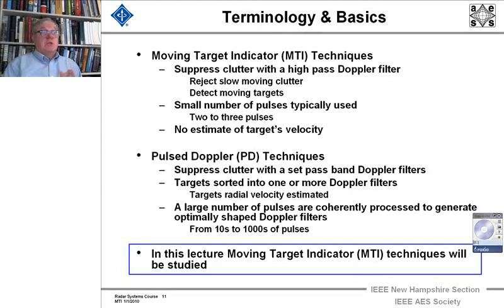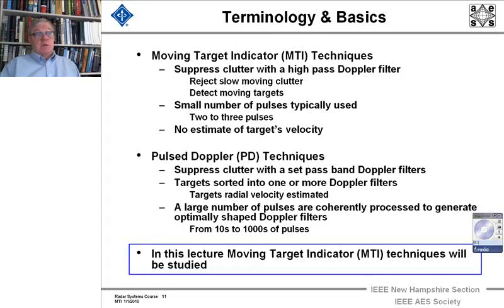They reject slow-moving clutter, and they detect moving targets. Typically, 2 or 3 or 4 pulses, mostly 3 pulses these days, are used in this type of processing. And with this type of processing, it being a high-pass filter, there's no estimate made of the target's velocity.